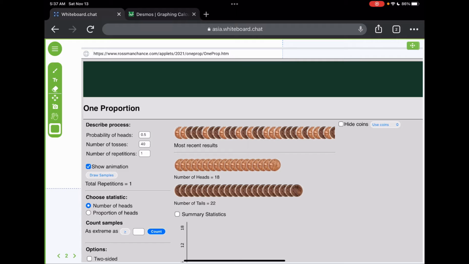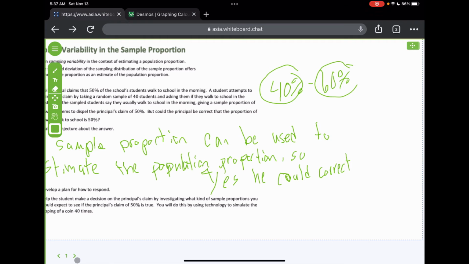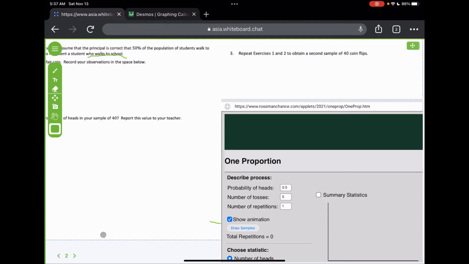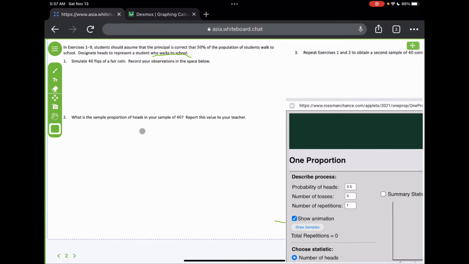So let's come back over here now. Of the 40 flips, we're going to record our observation. We had 18 yeses, because remember, heads represents yeses, and 22 no's.